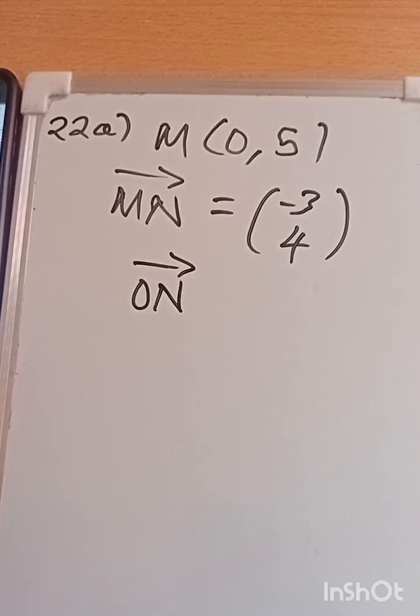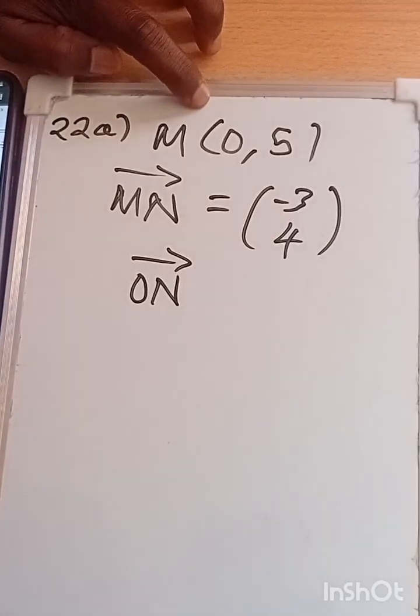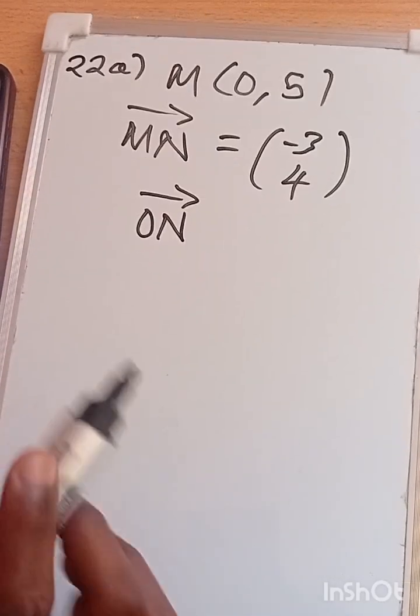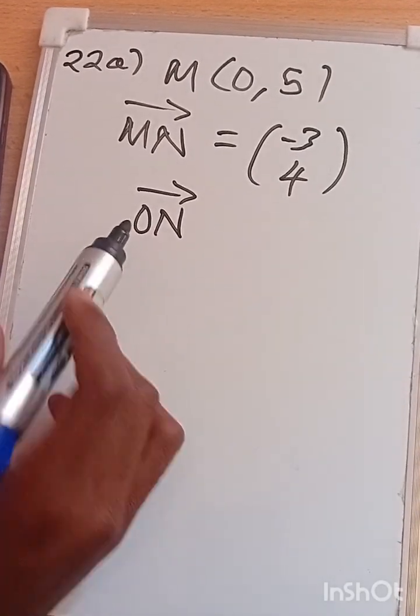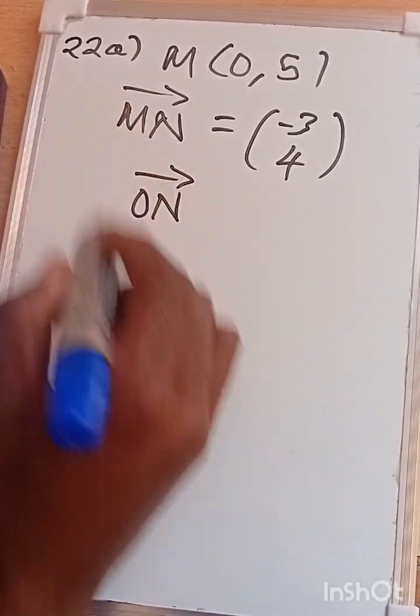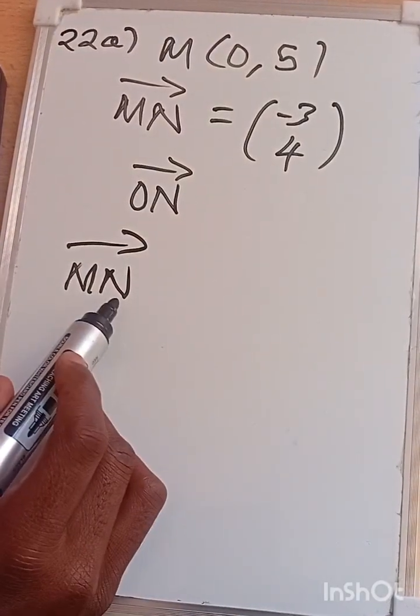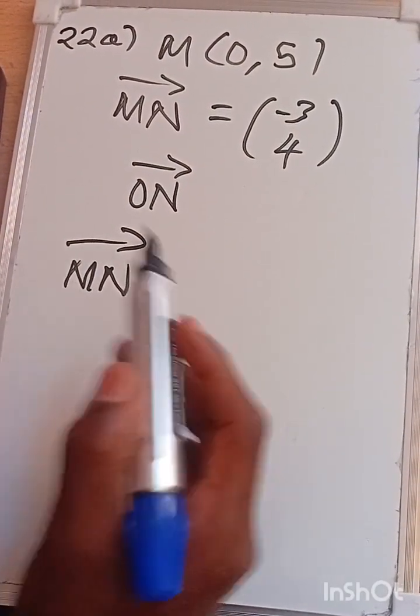So this is a coordinate and this is a column vector here. This ON, the O is the origin. So you get this MN, you always start with the letter N here, on your right.